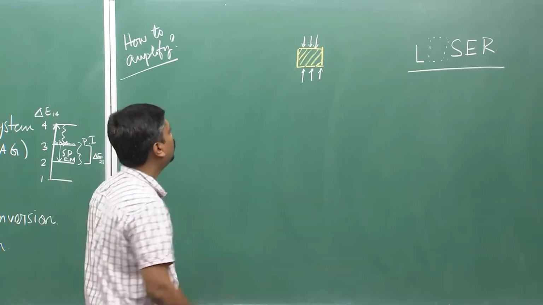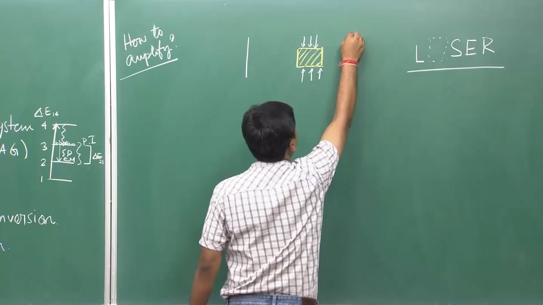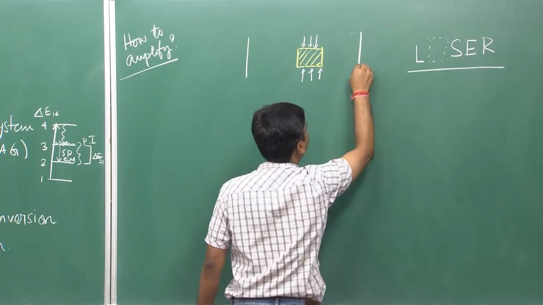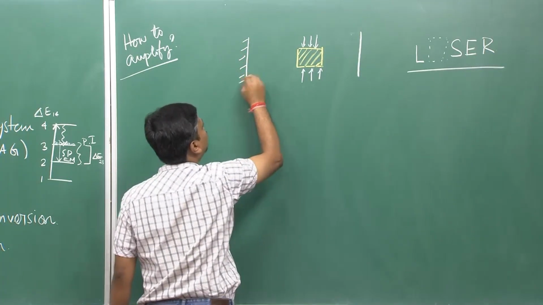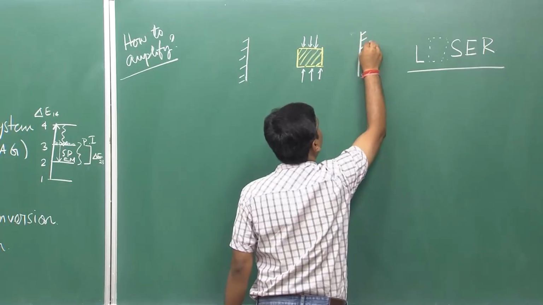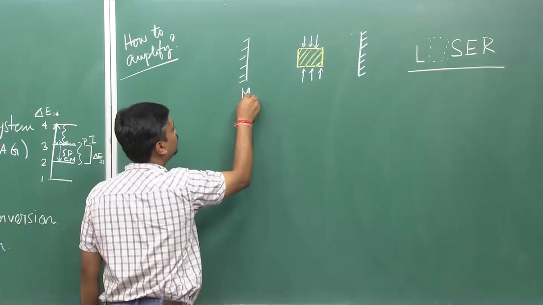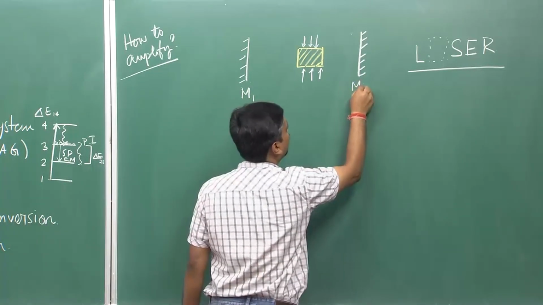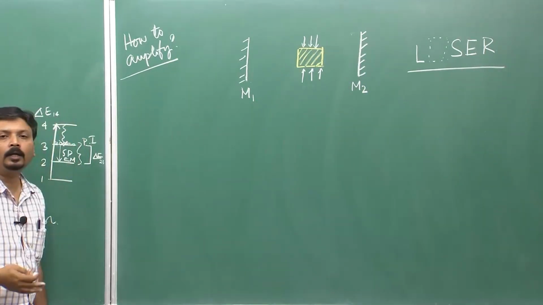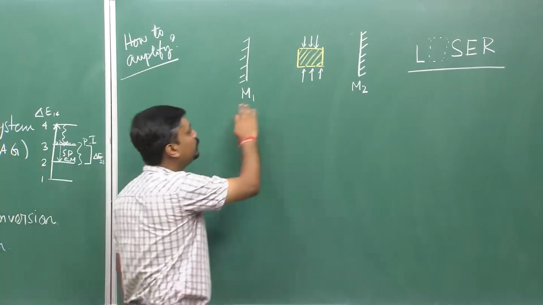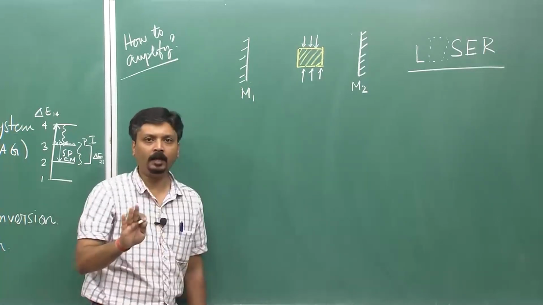Okay. So, we put this system in a resonator cavity, which is created out of two flat mirrors M1 and M2. What are the characteristics of these mirrors? M1 and M2 will be extremely flat. Okay.